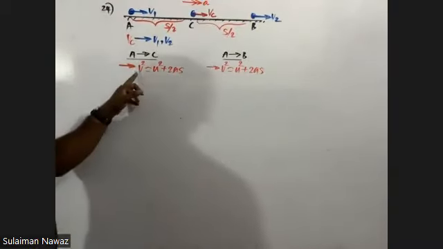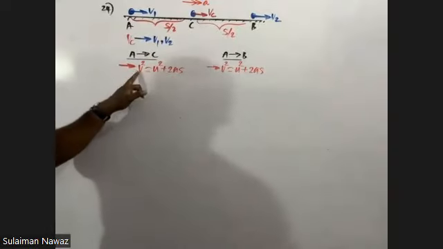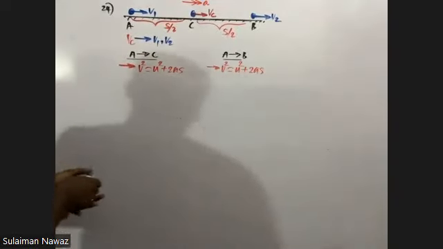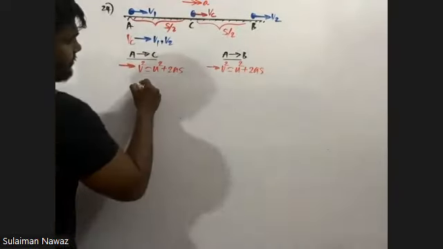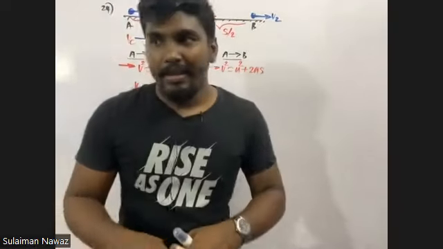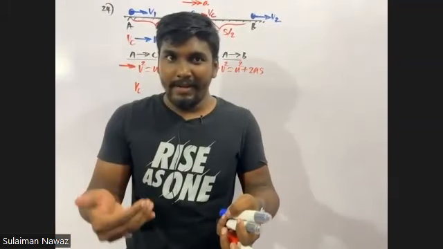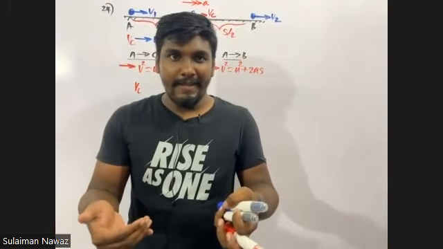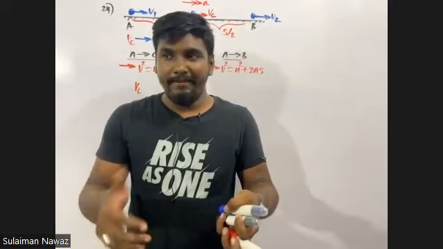When you consider A to C, final velocity is VC. Do the rest. Keep on doing. How many of you really trying answer? If majority tries, then I can give some time. If majority is not trying, then I don't need to waste the time. Raise your hands.